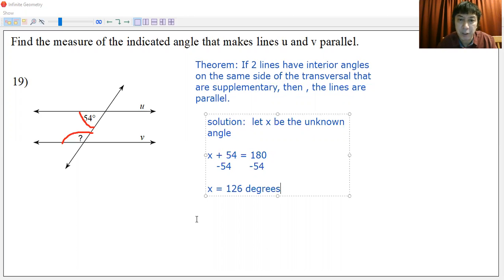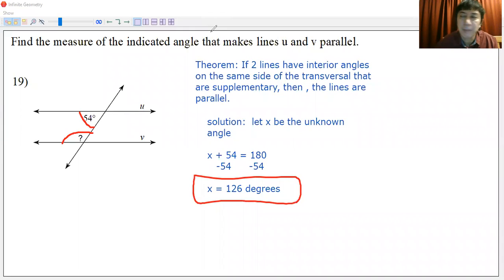So the answer is 126 degrees. So that these two lines are parallel. All right, let us verify. So we have there 126, 126.